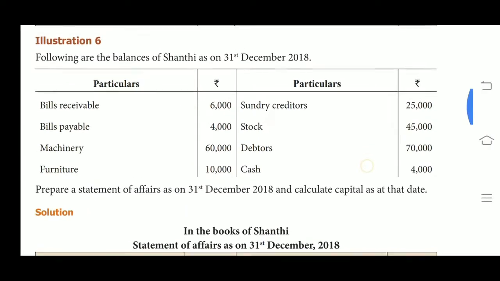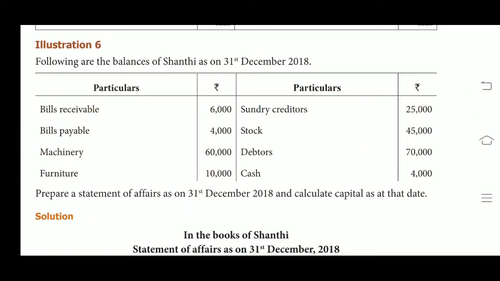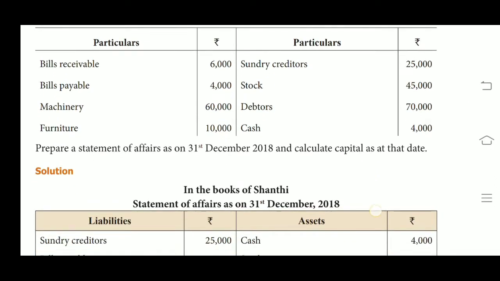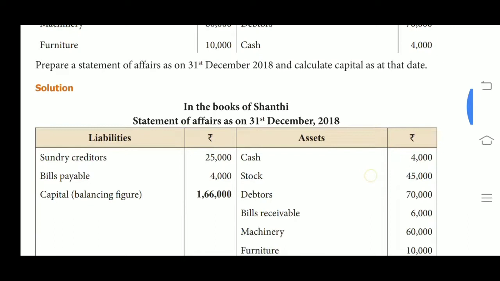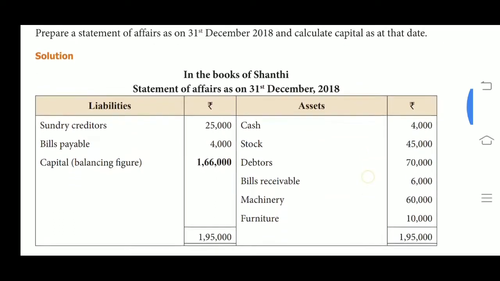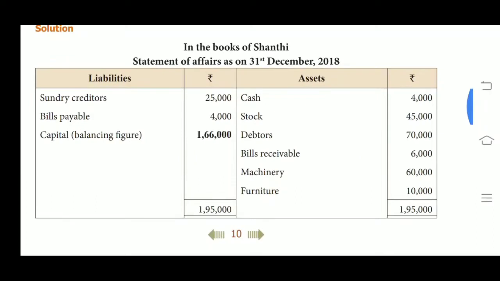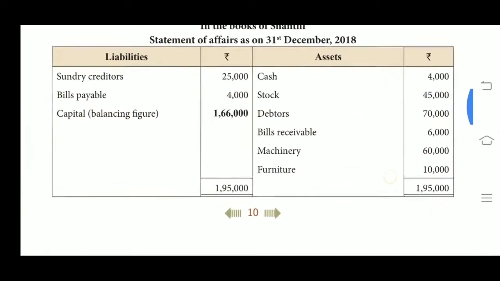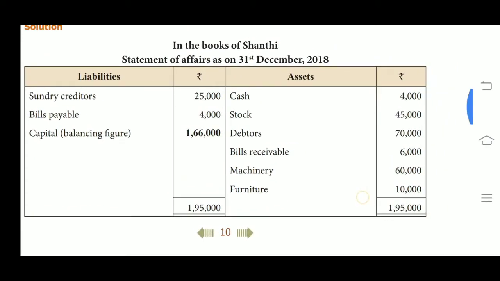Okay. So we're coming to question number 6. Machinery, furniture, stock, debtors, cash. So these are items or assets value. It should be written one by one. In the books of Shanti, statement of affairs as on 31st December 2018.